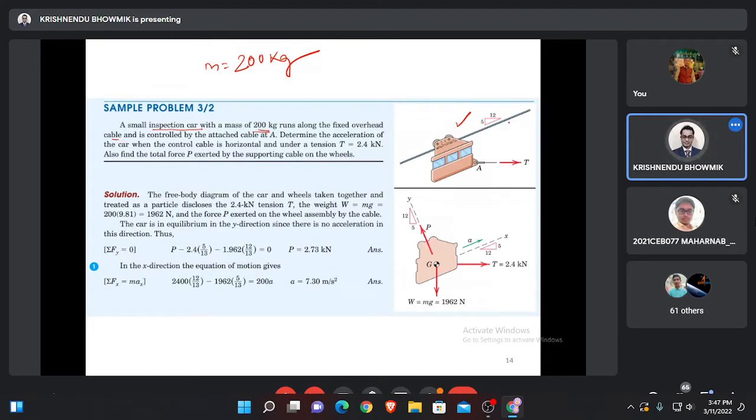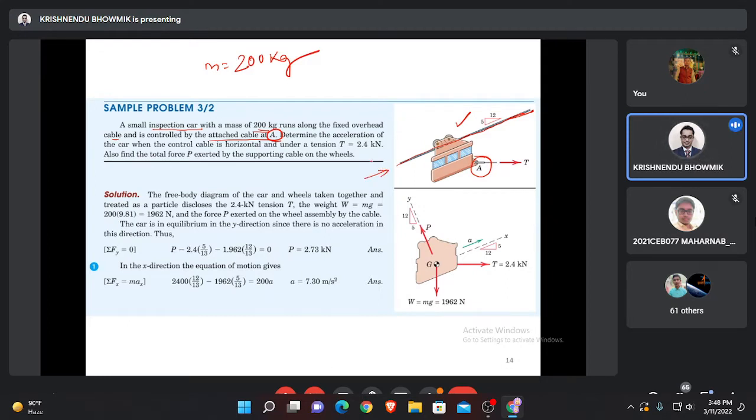It is controlled by an attached cable at A. Whenever a horizontal force is applied, due to the inclination of this fixed overhead cable, the small inspection car will travel along this direction.